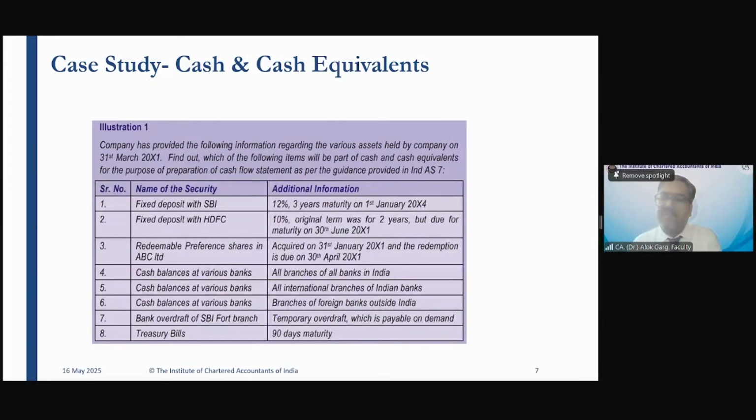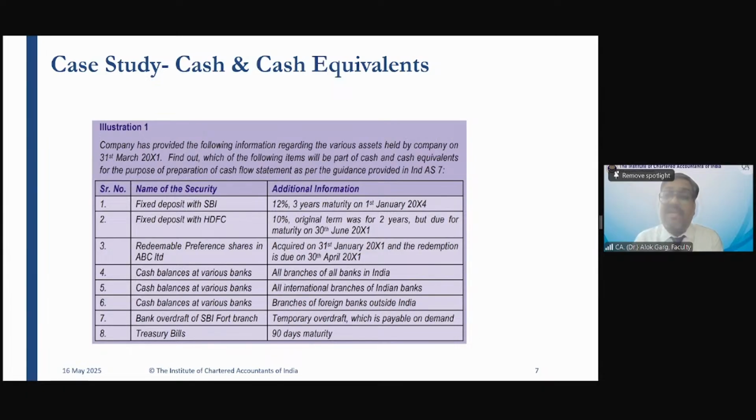Okay. Now tell me whether cash and cash equivalent in the balance sheet can be negative. Yes, sir, it can be, if there is an overdraft. If bank overdraft is more than the cash, then it will be negative. Again, I am asking the same question.